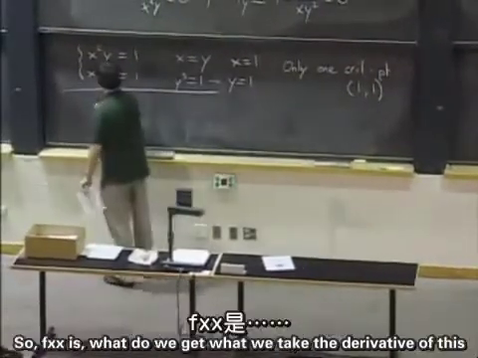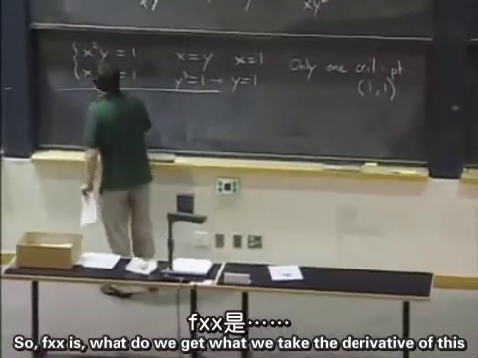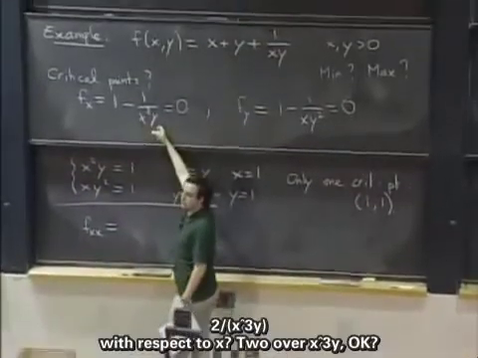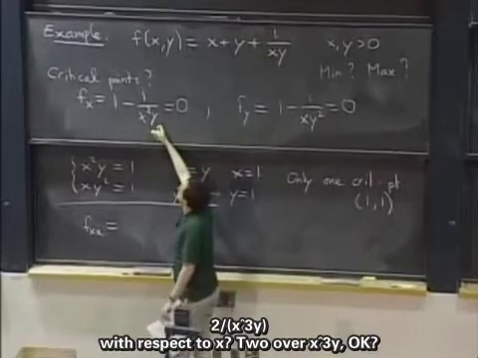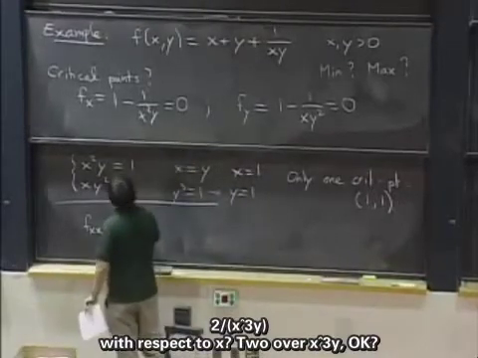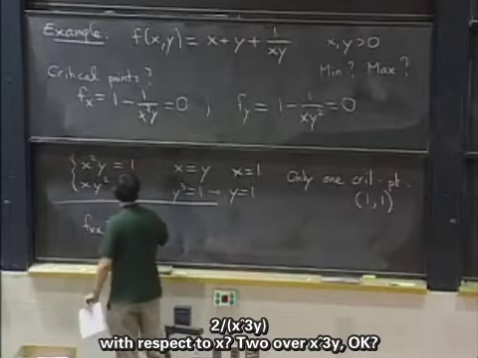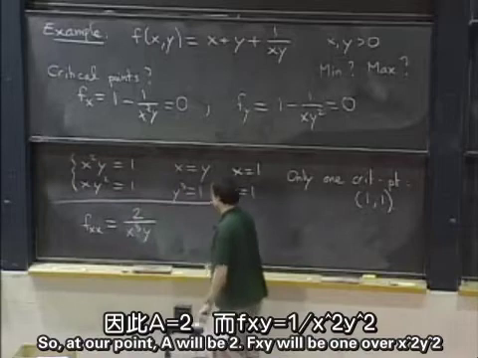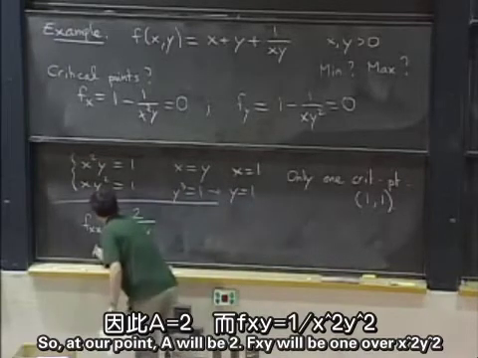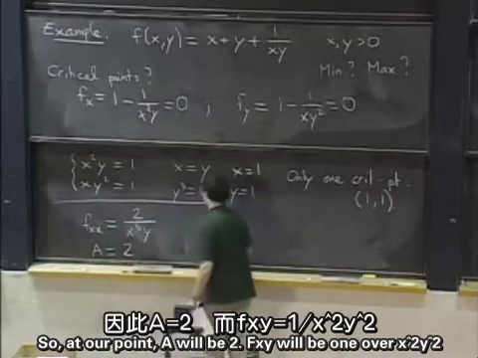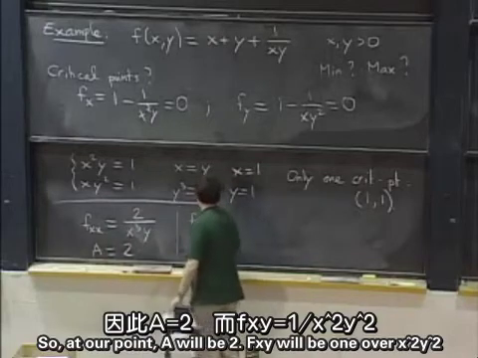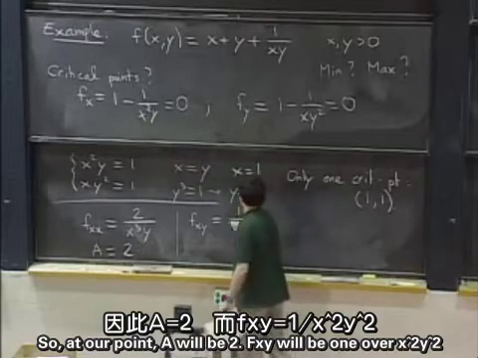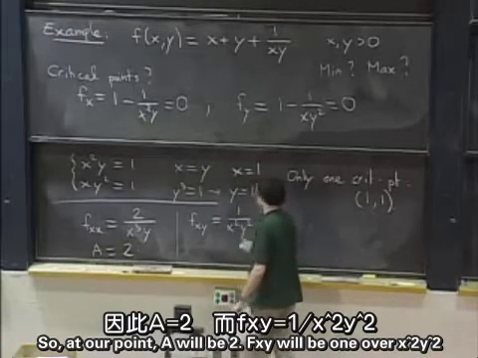Okay? So f sub xx is, what do we get when we take the derivative of this with respect to x? 2 over x cubed y. Okay? So at our point, a will be 2. F sub xy will be 1 over x squared y squared.